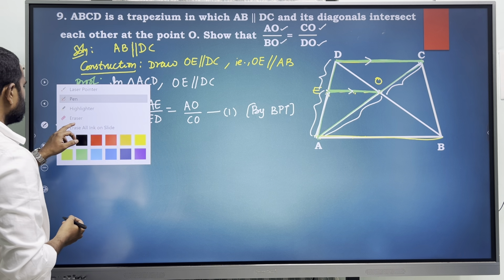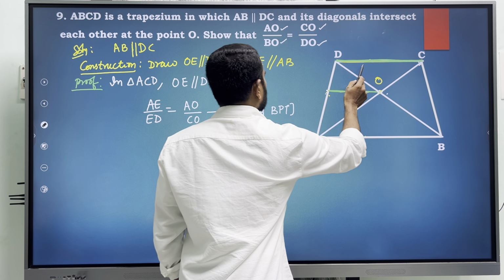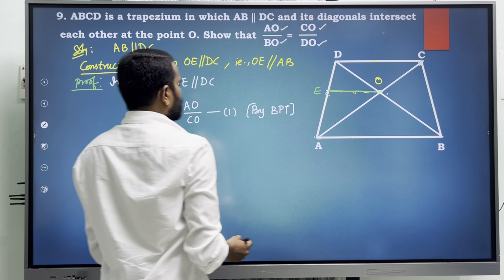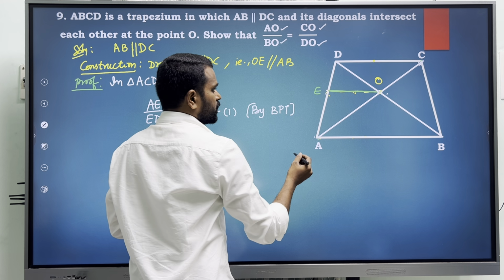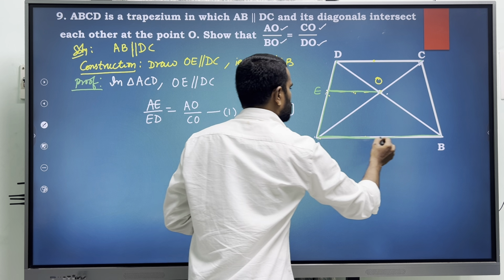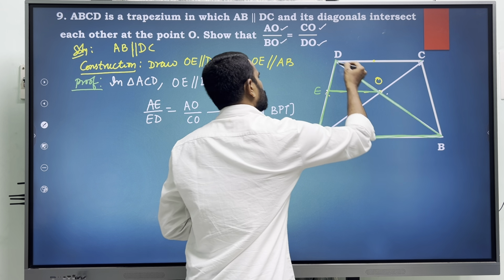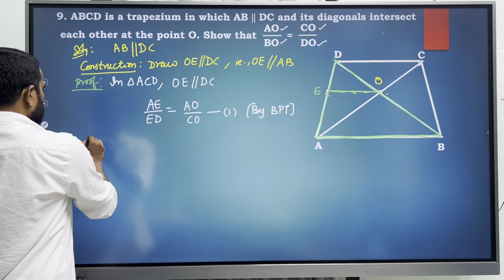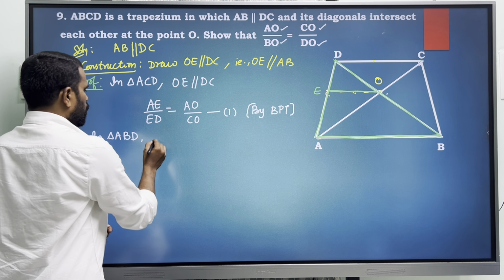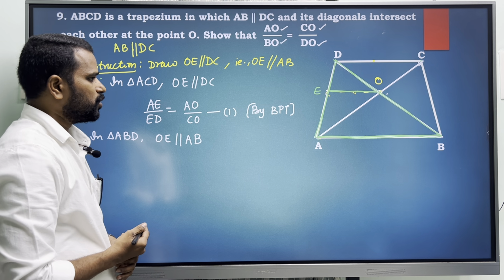Next, now OE, and I will take AB. So I have to take this particular triangle ABD. In triangle ABD, OE is parallel to AB.